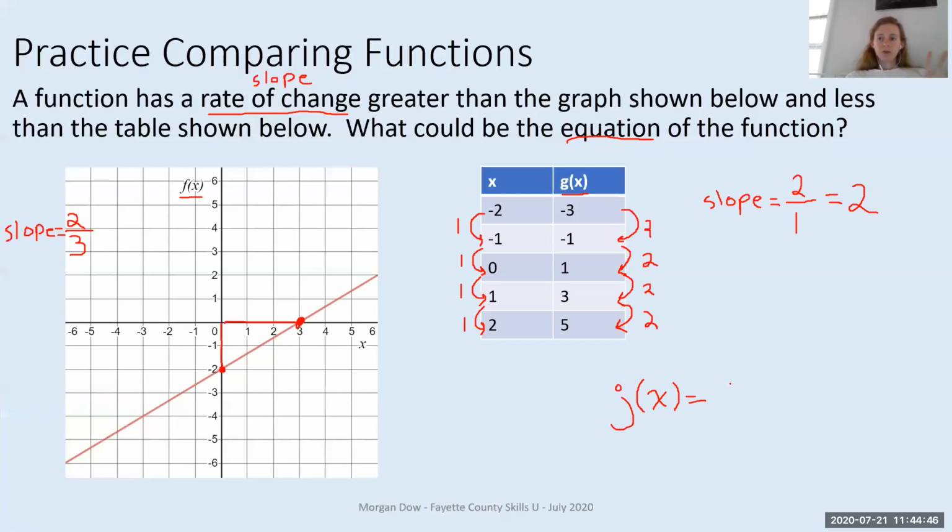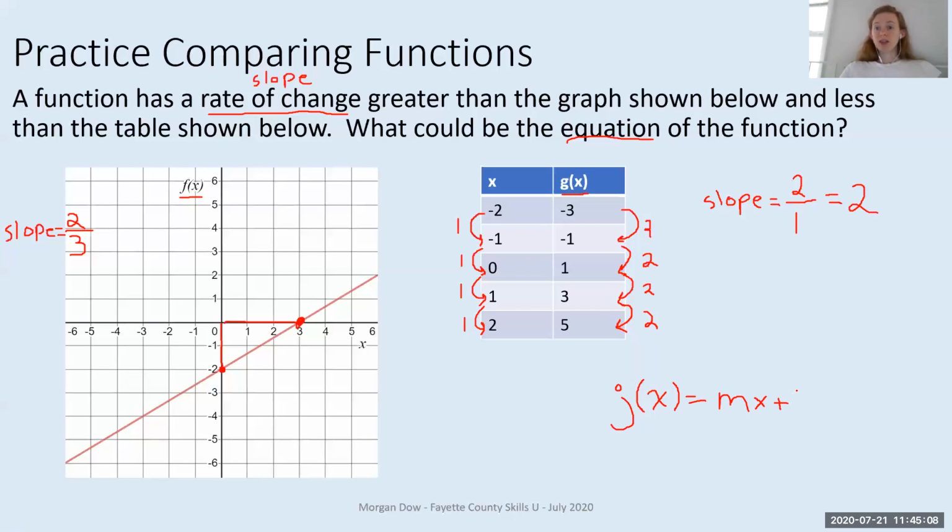So yeah, we want to remember that linear functions take the form mx plus b. So the slope times x plus the y-intercept. So mx plus b.